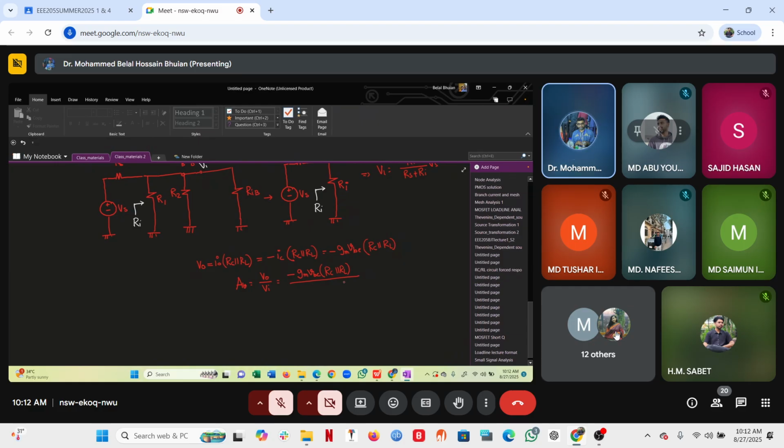VI is equal to IB times R pi plus 1 plus beta times RE. Now we have VB over IB, which is in fact R pi.